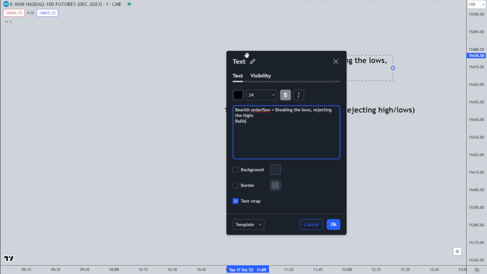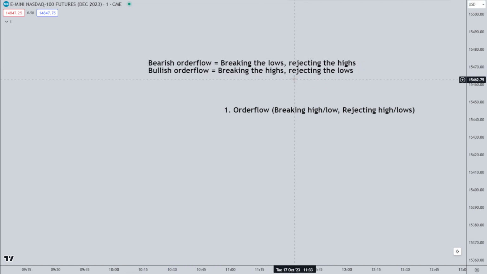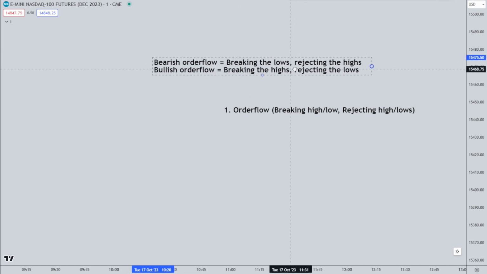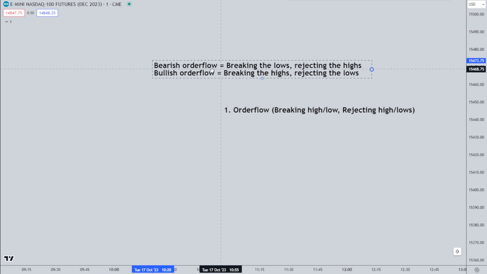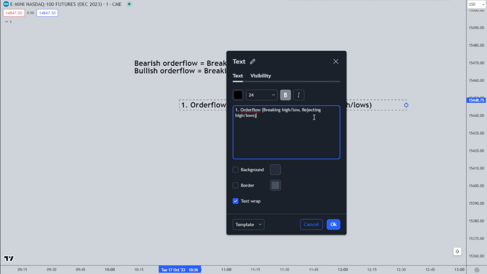And in bullish order flow, you want to be breaking the highs and rejecting the lows. Right, so as long as you trade with order flow, your win rate and the chance of your PA working are a lot higher.